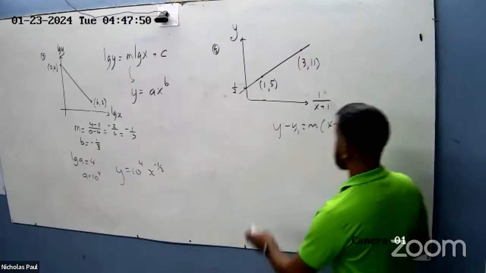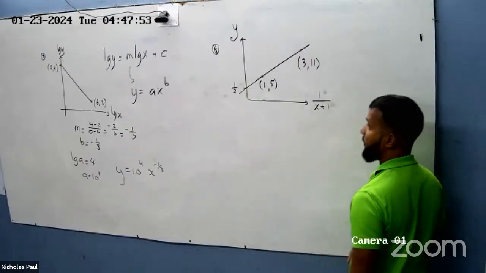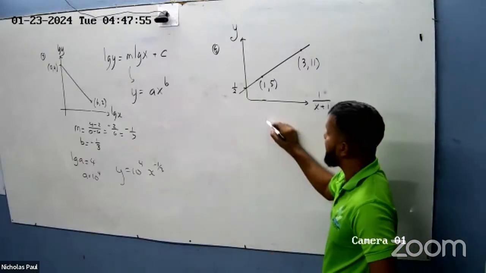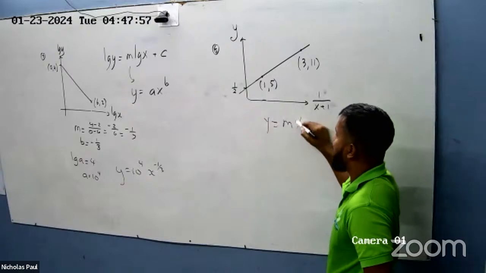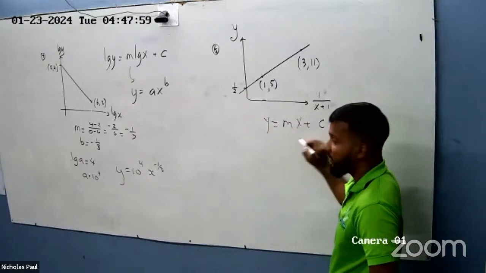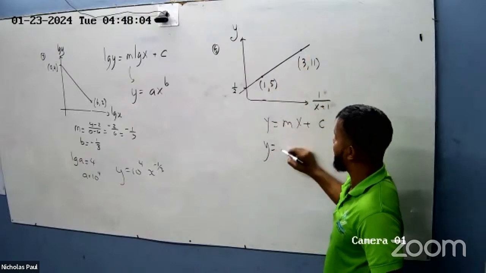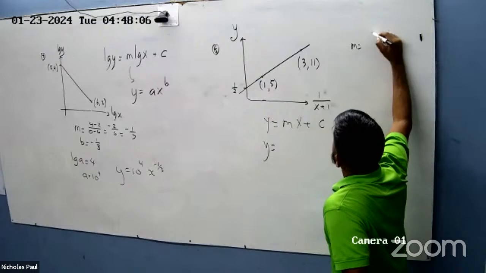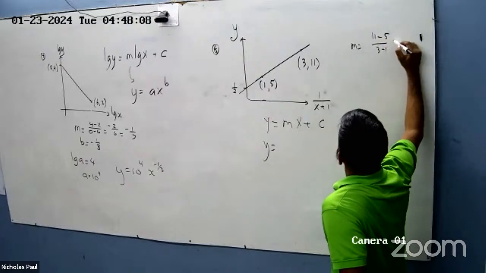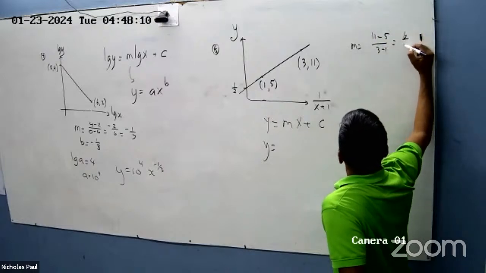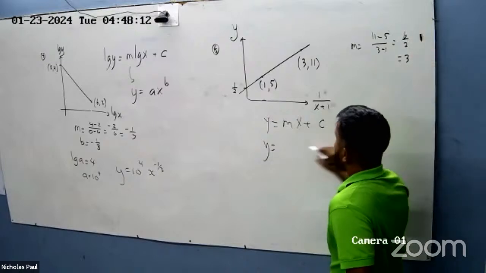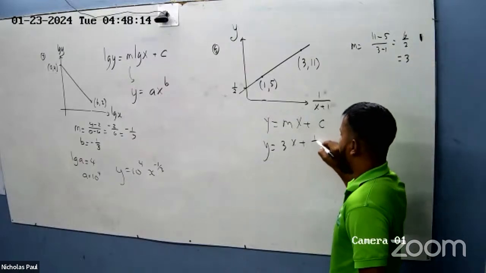So I'll give you a little help with the y-intercept. So y is equal to mx plus c. Gradient is what? 11 minus 5 over 3 minus 1, 6 on 2, 3. So it's 3x plus a half.